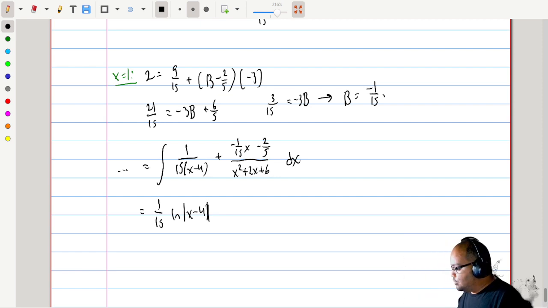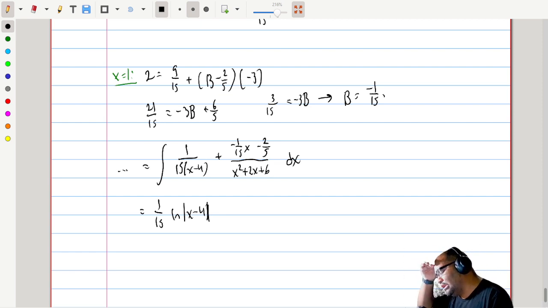Oh yeah, if I can just complete the square, that would be so much easier to do. All right, so here's what I'm gonna do in that last integral.